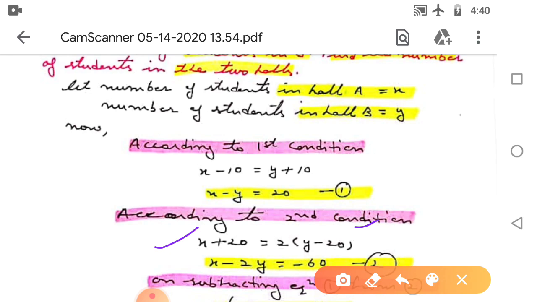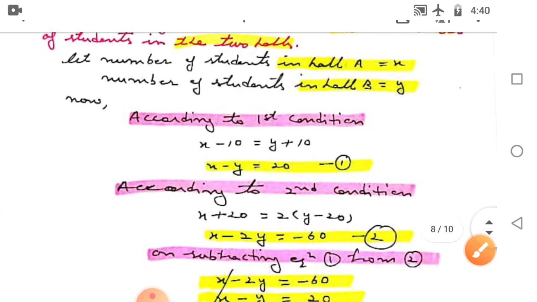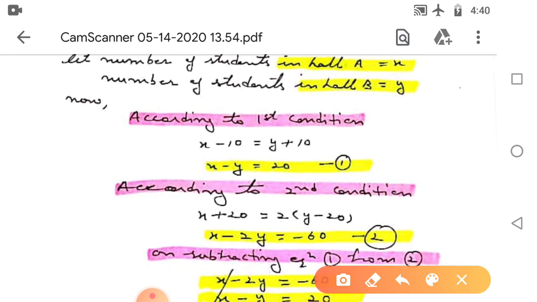So x plus 20 is equal to 2 into y minus 20, because he is saying the number in hall A is double the number present in hall B. Clear? So x plus 20 is equal to 2 into y minus 20. Now x minus 2y is equal to minus 60. This is equation number 2. This is equation number 1.